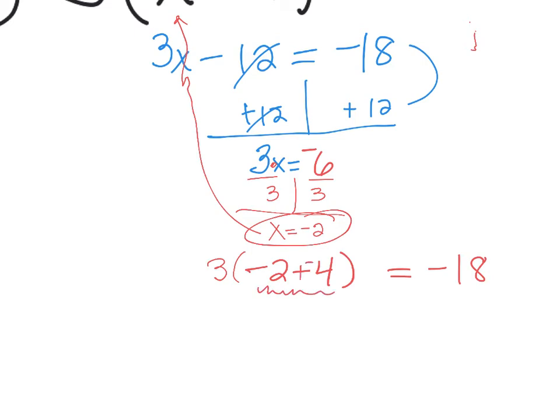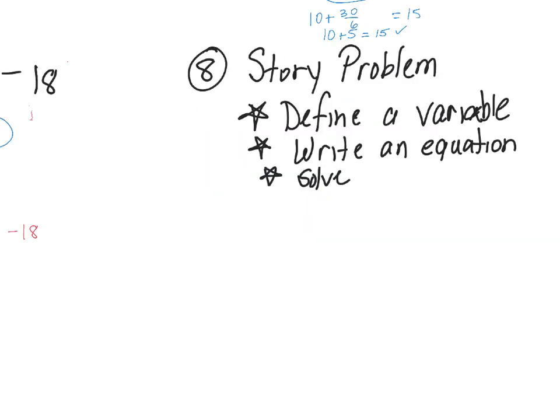So what is negative 2 plus negative 4? Negative 6. What's 3 times negative 6? Negative 18. Is that what we wanted? Yeah. Check.